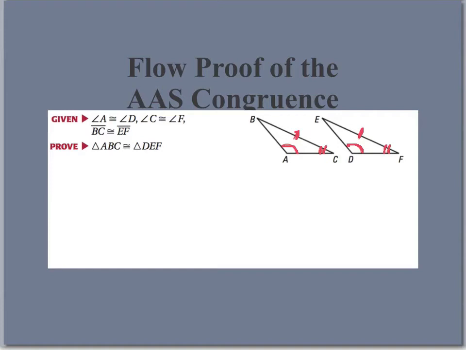So we want to prove that those 2 triangles are congruent. But we don't know that the angle-angle side congruence theorem exists yet, so we want to think about a way to prove it without that.